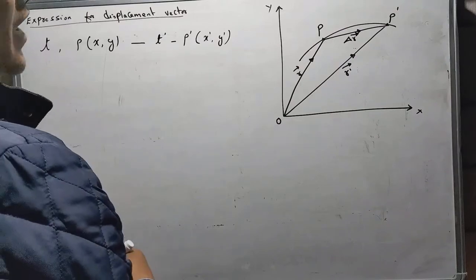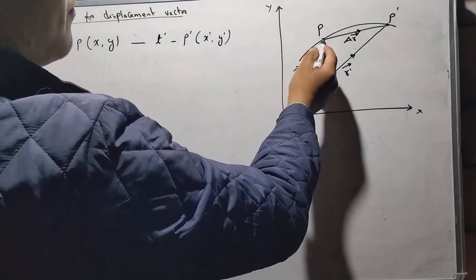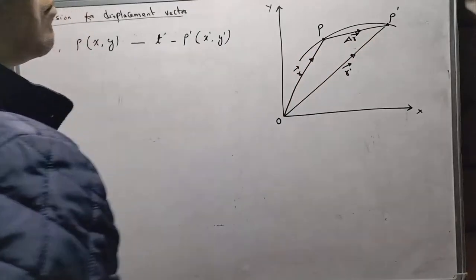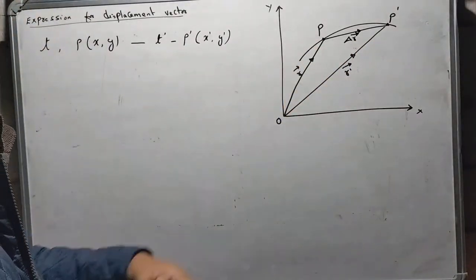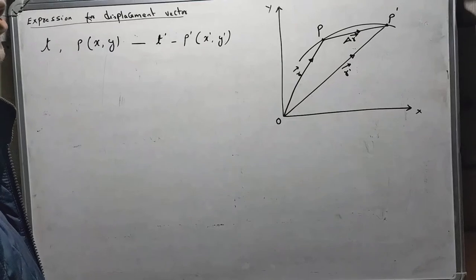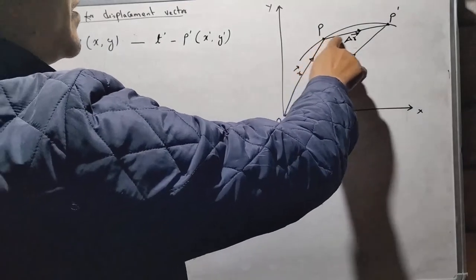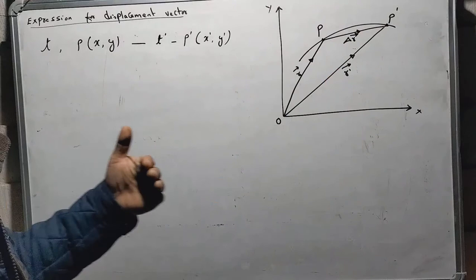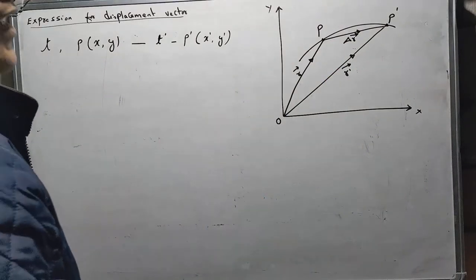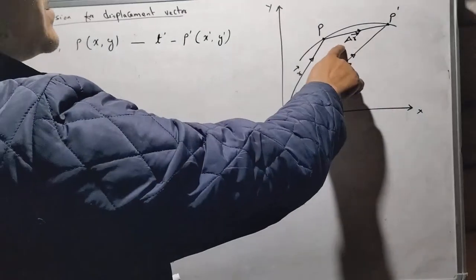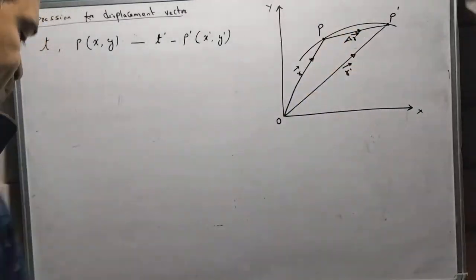As the object moves from P to P dash, it changes its position, so we call this PP dash the displacement vector of the object, and we write it as delta R arrow.